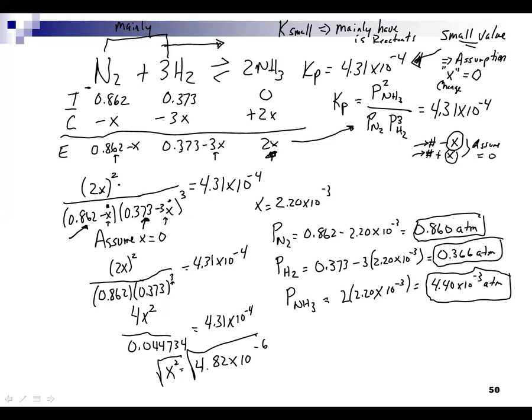Then you would solve for the other x that you didn't do anything with. And if that x that you solve for is equal to the same number that you put in, you're good. If it's not, then you take the number that you solve for and put that back in, and you continuously put numbers in and solve for x until the number that you put in and the number that you solve for actually equal the same number. And that's what's known as successive approximation.